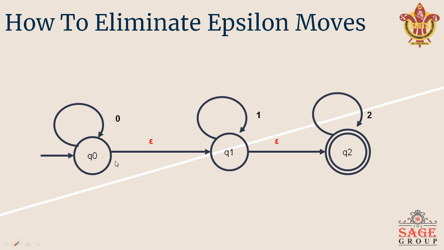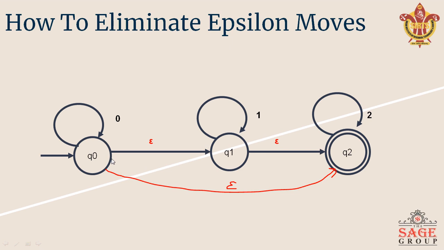So these are the two edges we have identified. We'll have to duplicate one from here to here for what value? For epsilon, and one will go here at q1 itself, starting from q1 and going to q1 itself.